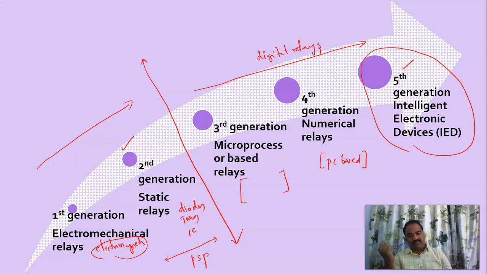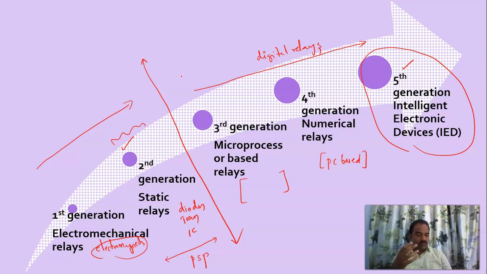In olden days, the first generation relays used moving parts for comparison. Second generation used amplitude and phase comparators. In the third generation relays, the improvement is that all the analog signals, whether voltage or current, are converted into digital signals, transmitted over a distance, and then compared, and then the output is again converted into analog.